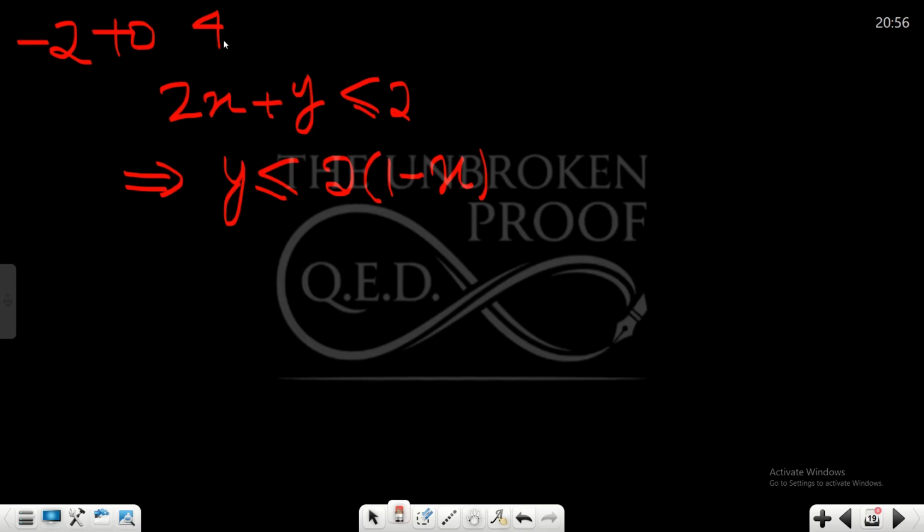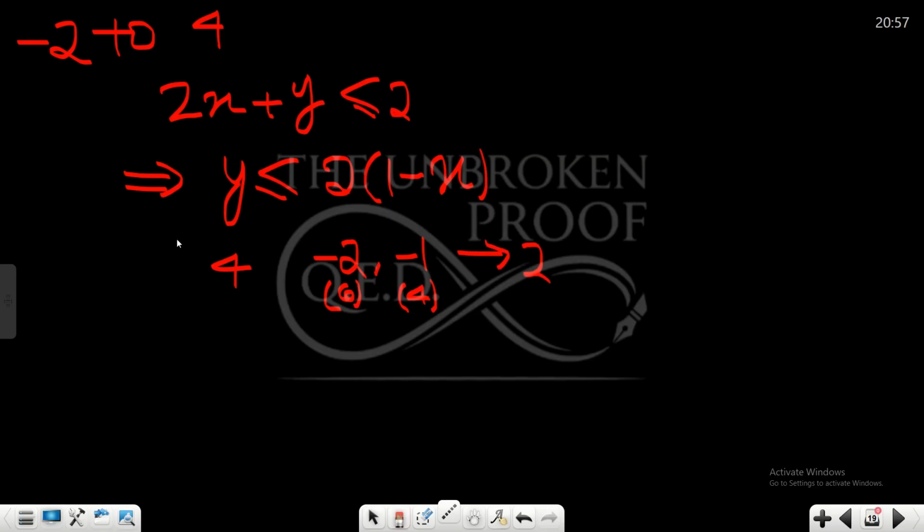Now if I take y as 4, then possible values of x are minus 2 because you'll get 6 over here, and minus 1 is possible because you'll get 4 over here. Only these two cases are possible, so you'll get 2 over here.